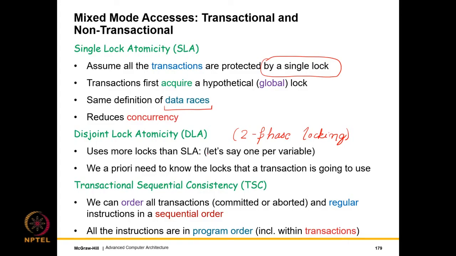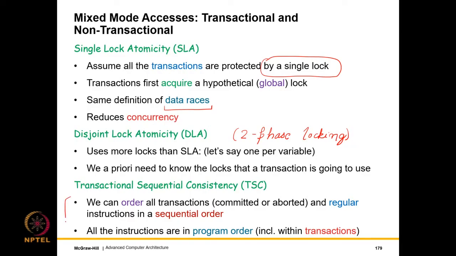In a certain lock order, they can be acquired. So this aspect was discussed quite a bit in the previous slide, but this is one more model where transactions use multiple locks, let's say one per variable, but they acquire them in a certain order to avoid deadlocks.